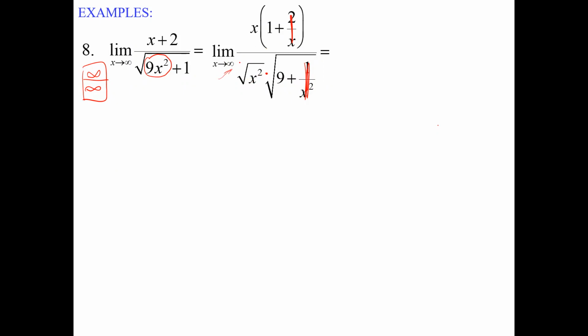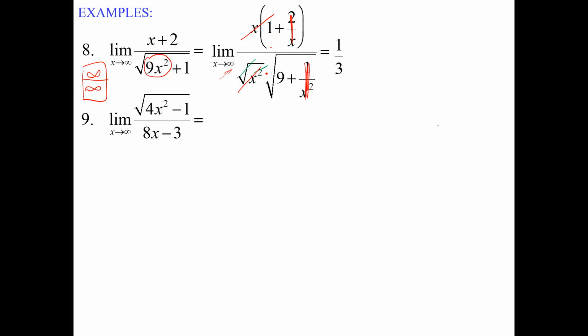We can cancel out x and squared. And now the leading functions are actually the same degree, x and x. We can cancel them out. That means the square root of x squared at positive infinity will give us x, the same degree. And the leading coefficients, of course, are important. The square root of 9 is 3, so the limit is 1 over 3.